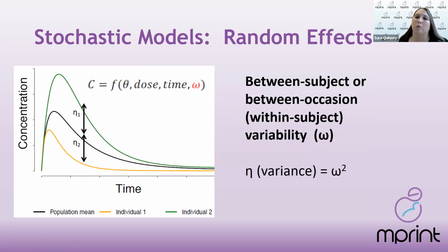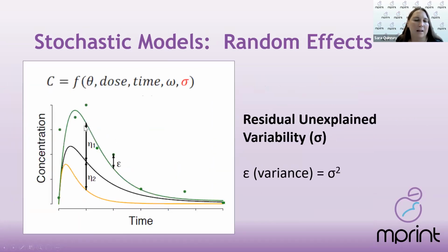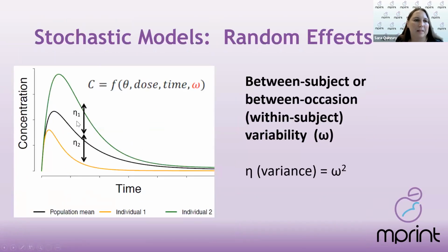We term these omega, where eta is the variance for the omegas. And you can see the difference: if you have two different subjects here, the difference between their PK profiles and the mean profile is captured within these eta terms.